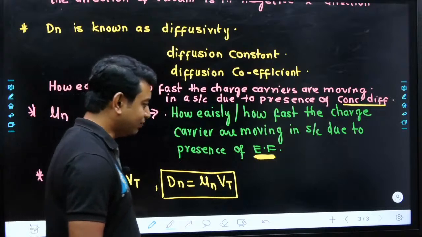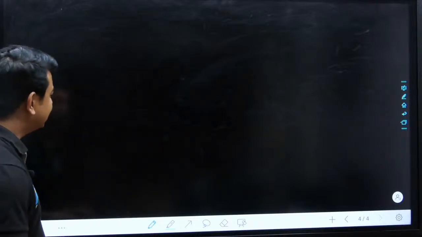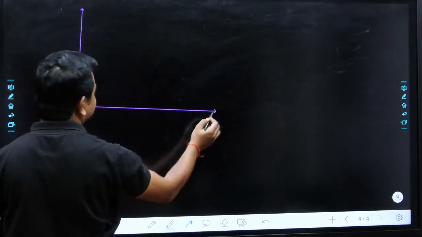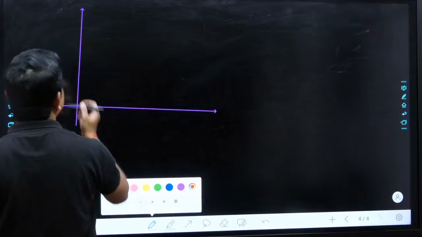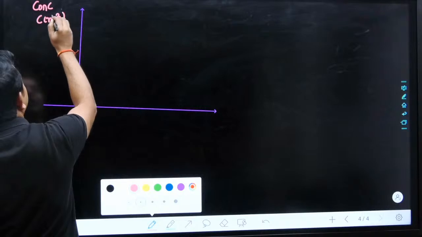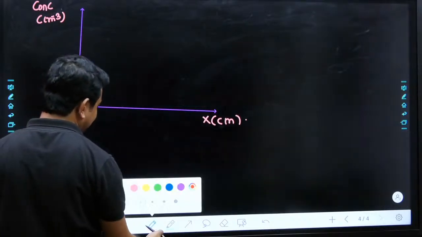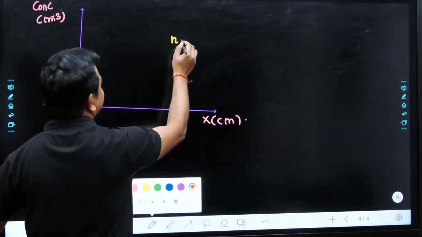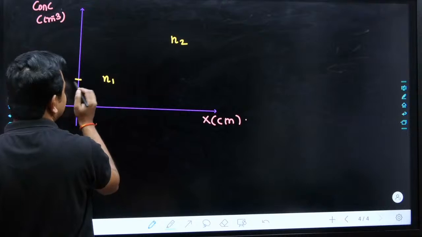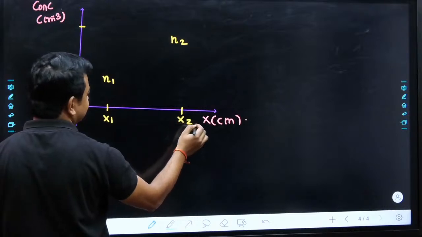Suppose someone in this class has the question: sir, we have the following figure. This line represents the concentration per centimeter cube, and this line represents the distance in centimeters. The electron concentration on this side is N2 and on this side is N1, N1 representing this point and N2 representing this point, with x1 here and x2 here.